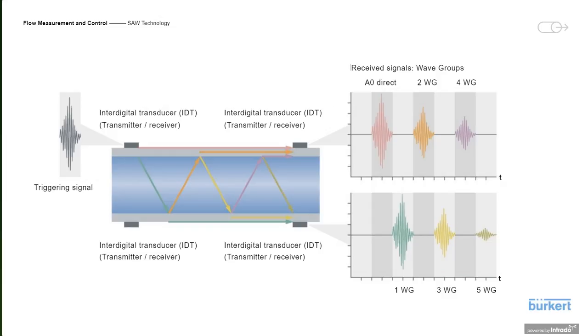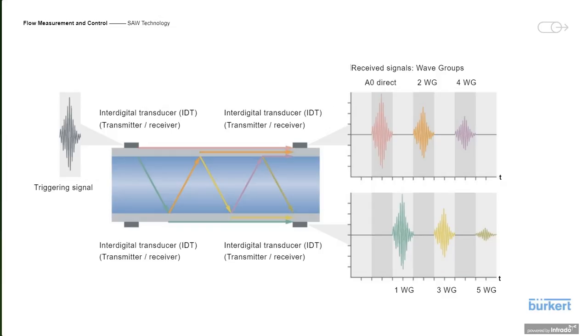They are called interdigital transducers, and these interdigital transducers are named because of a certain electrode structure that is dedicated only for a certain frequency and wavelength of the surface acoustic wave.